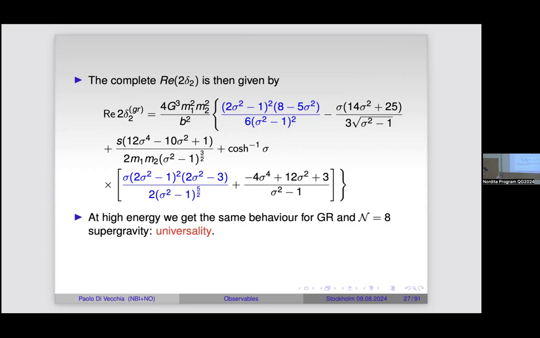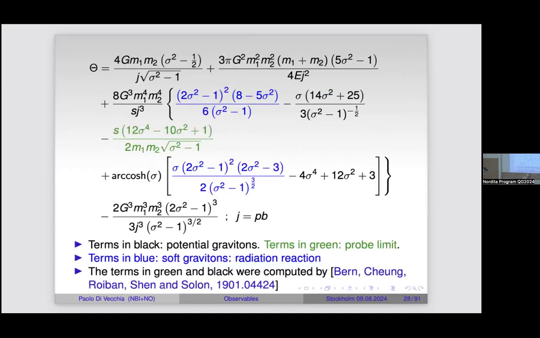And when you add these two terms, there is no problem anymore at high energy. So this is the status: this is tree level, one loop, and this is two loops. And the green and the black are computed in this paper, and the blue is the radiation reaction.